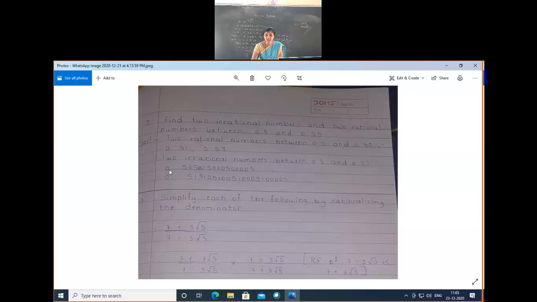So here she took the first example as 0.505, 0.5005, 0.50005, then 0.55. So here we are observing the 0 is repeating actually, but not in a repeating block. Is there uniformity in the repeating block? No. Here only 1 zero is there. Here 2 zeros. So this gives a non-terminating, non-recurring decimal expansion. In the sense, this is an irrational number.